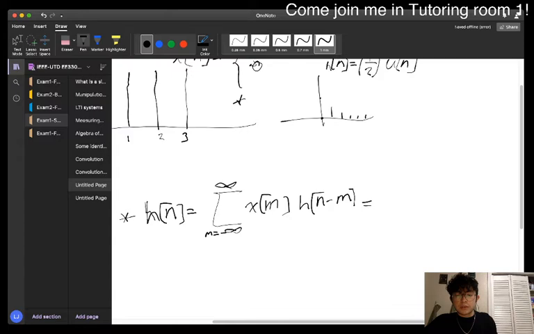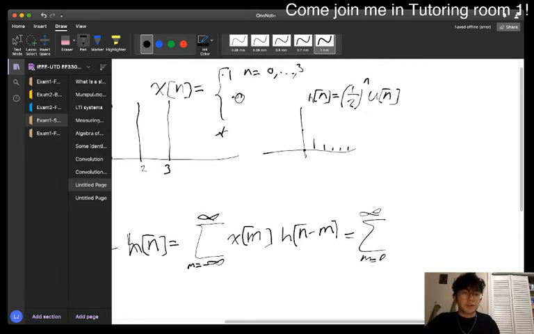So this is going to be from m is equal to 0 to infinity. Wait, let me just switch the order of these. I think that would be easiest. Remember to always flip and shift the one that is least cumbersome.